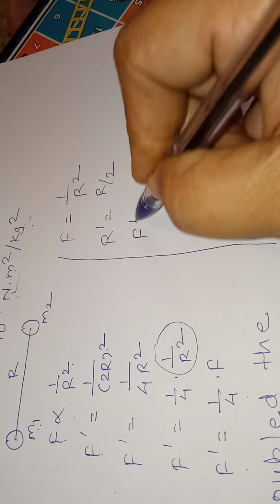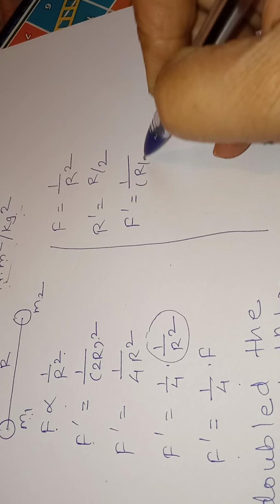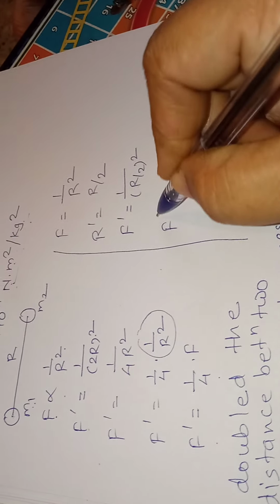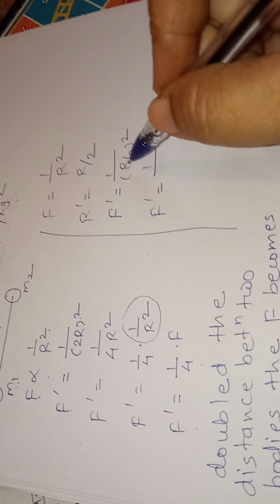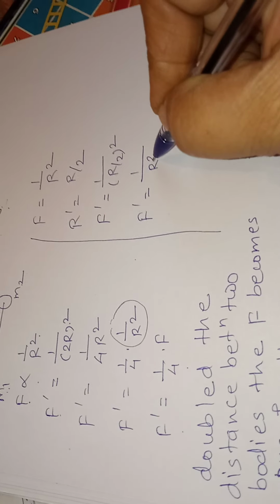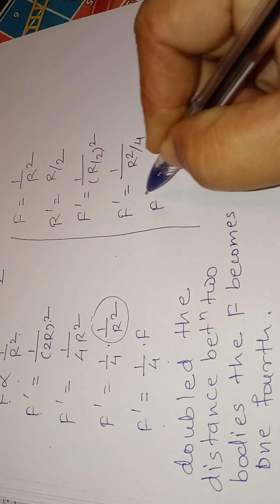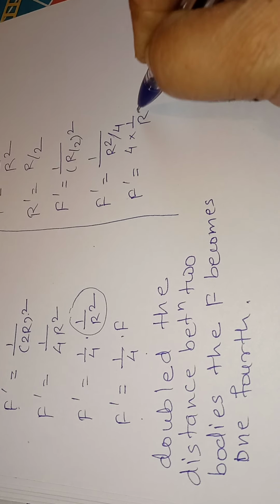That is F dash is equal to 1 upon (r upon 2) square. From this, F dash is equal to 1 upon r square upon 2 square, and 2 square is 4. That is F dash is equal to 4 into 1 upon r square.